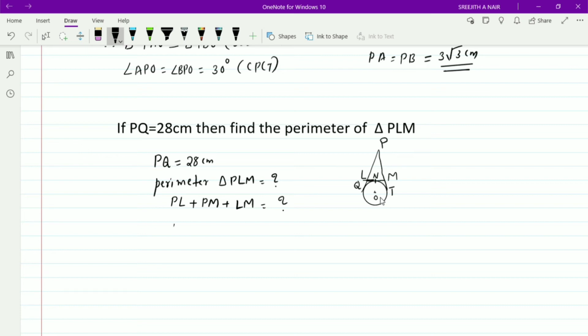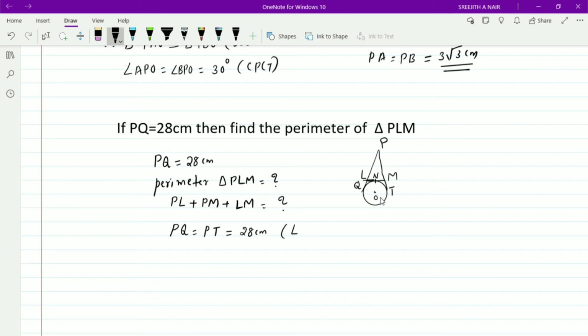So we can write PQ is equal to PT, because P is the external point, and PQ and PT are the tangents from the external point to the circle with center O. Therefore PQ is equal to PT is equal to 28 centimeter, given.